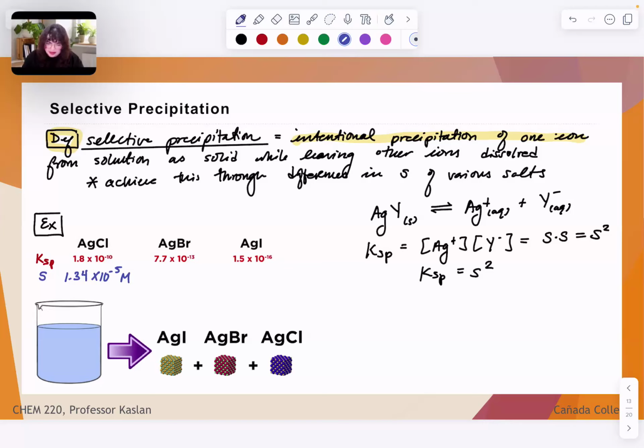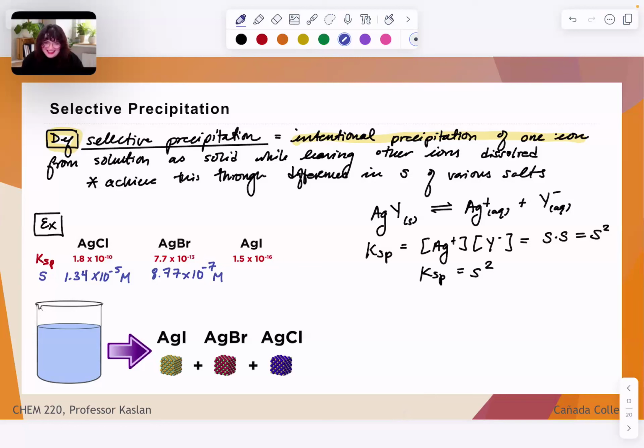For the silver bromide, 7.7 times 10 to the negative 13 square rooted allows us to solve for the molar solubility of silver bromide, S, that is 8.77 times 10 to the negative 7 moles of solid silver bromide dissolvable per liter.